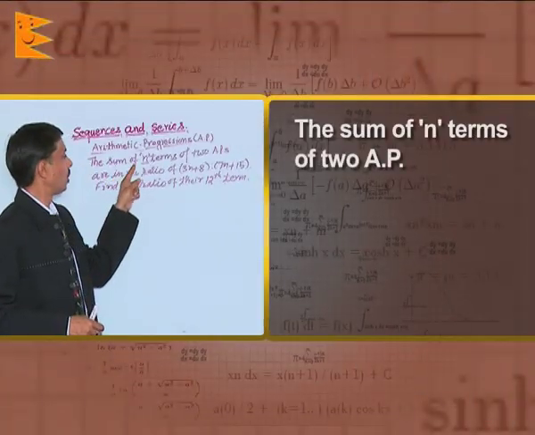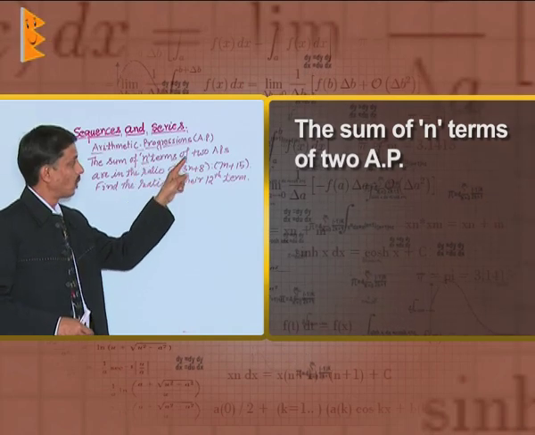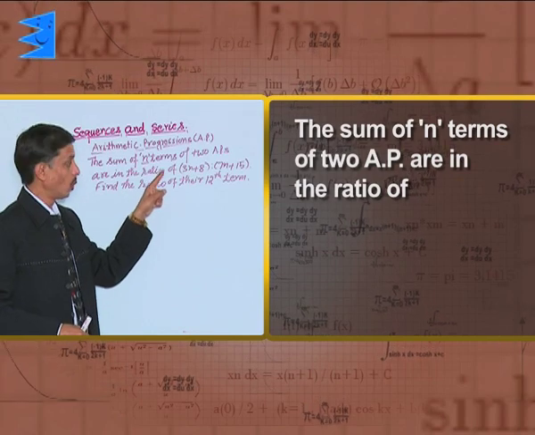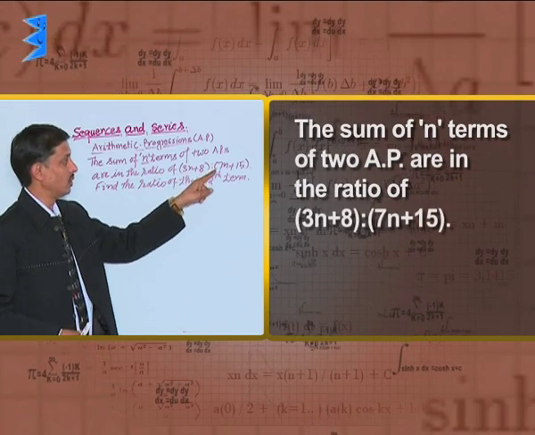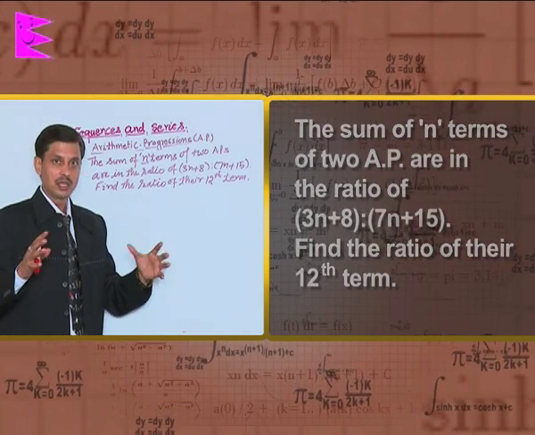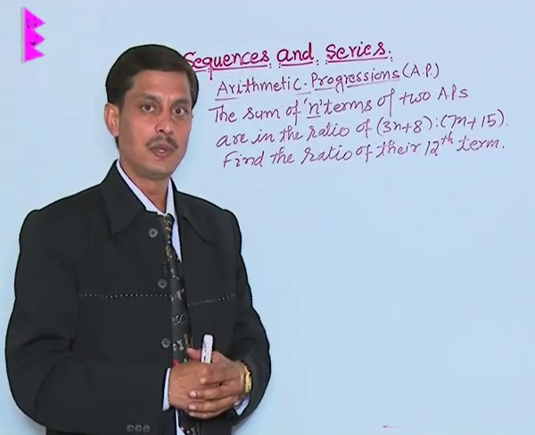The sum of n terms of two APs are in the ratio of 3n plus 8 is to 7n plus 15. That is what? There were two APs.